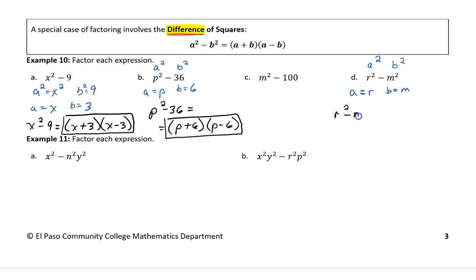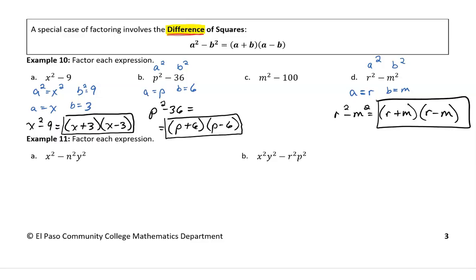So r squared minus m squared, set up my parentheses, my r plus my m, there's my first term, r minus m, my second term. And there it is. There's my factorization. So whether we're dealing with numbers or other variables, if that pattern is there at the very beginning, we can use this difference of squares.